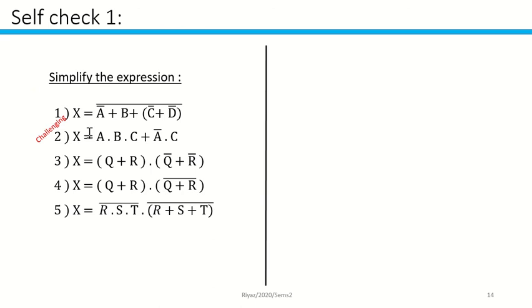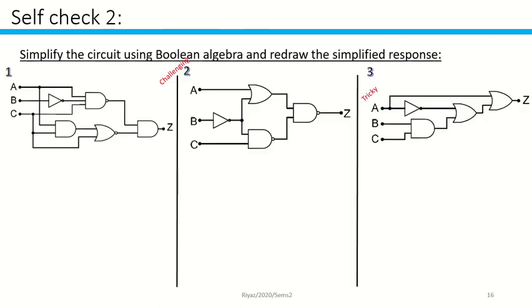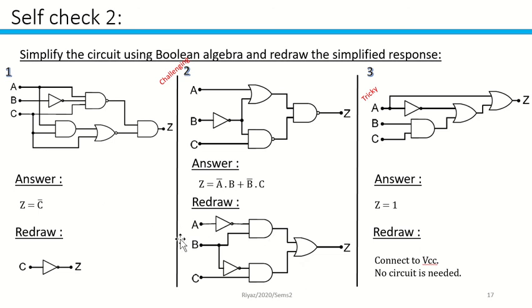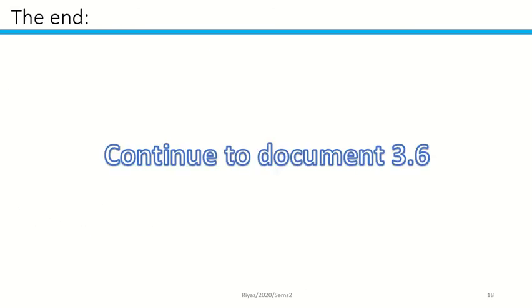Instead of providing you the expression, I changed it to a circuit. So you have to come out with a Boolean expression of this circuit and then simplify it, and you get the answer. Same for number 1, number 2, and number 3. Be careful, number 3 is a little tricky. So yeah, that's the answer for that one.